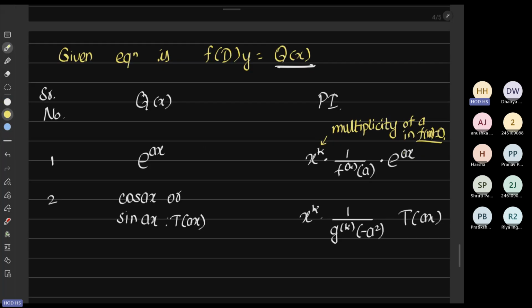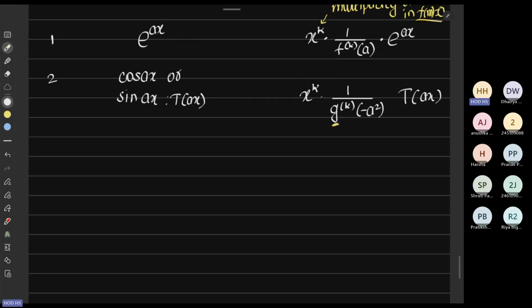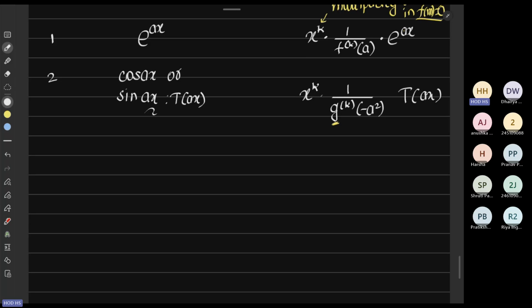Notice that I have written f of D here, so I am considering my particular integral, 1 upon f of D of trigonometric of ax, as a function of D square of trigonometric of ax.